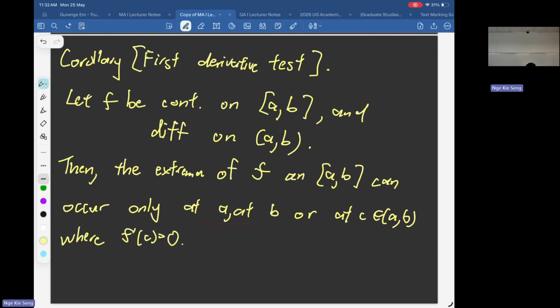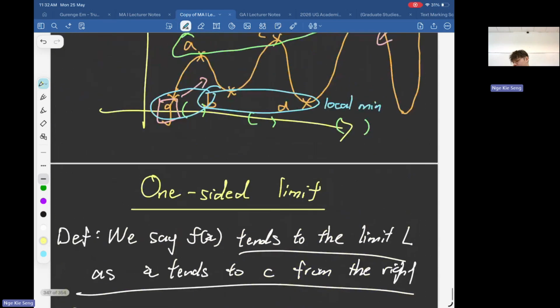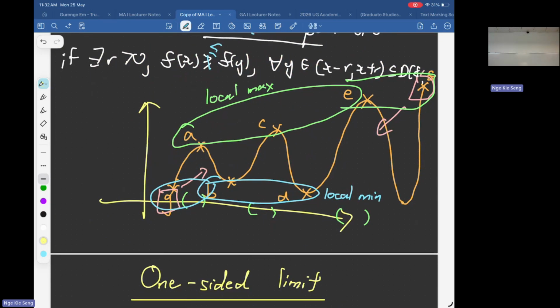So if you want to be a local max, the derivative should be 0. But then you can find your extrema from this local max. So what does this theorem say? If you want to find the extrema, for example in this picture, where do you find the extrema? One way is to go to the endpoints and check which one is larger. The other is to find the other local maxima. So you compare all these A, C, E, F and see which one is the largest.